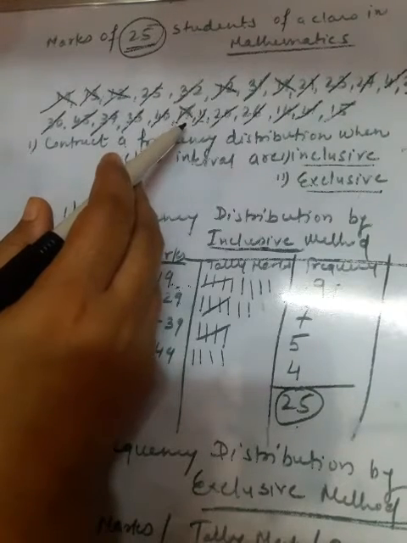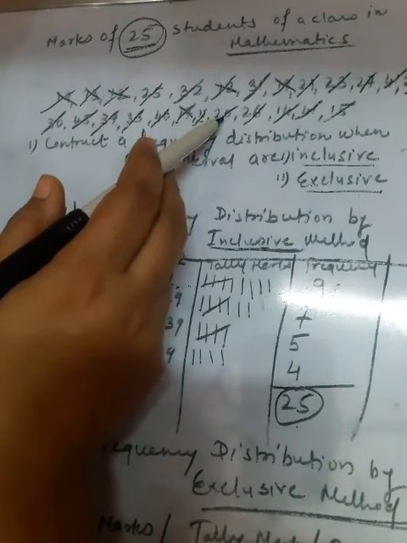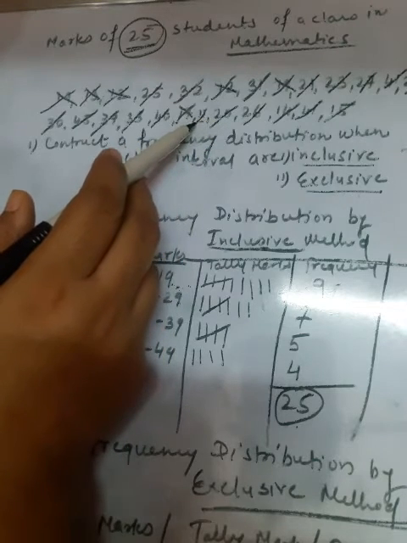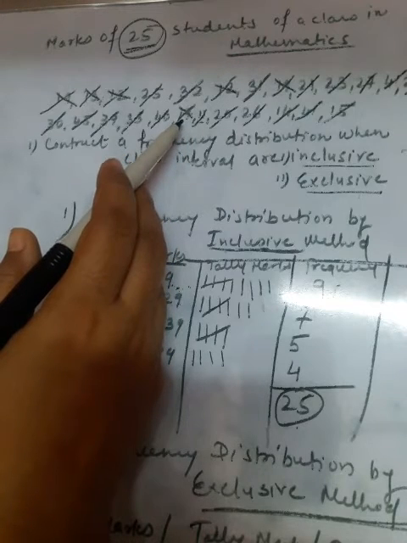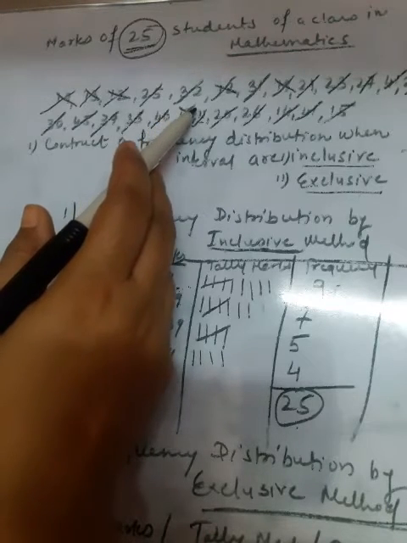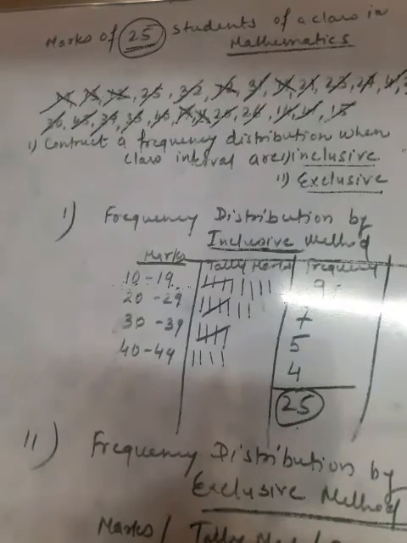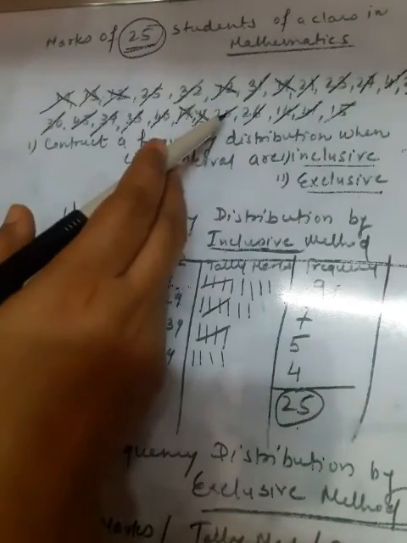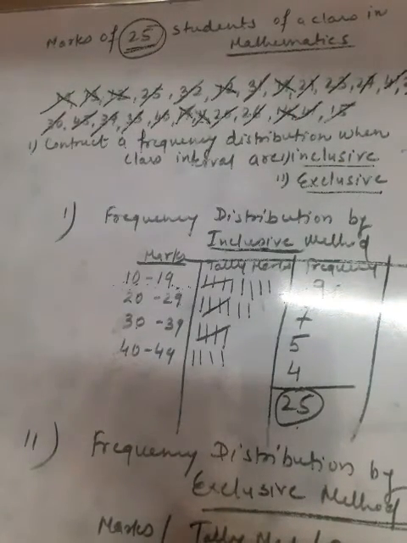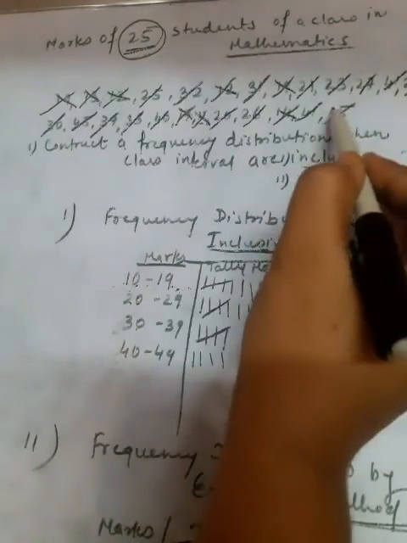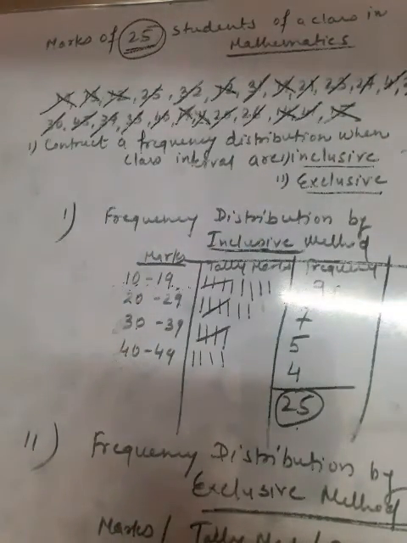Now 20 will not be considered in this class, and that is 11, 17, after 11, that will also count here. And 20 will not count here, then 14, and one more, that is 15. Okay, here 9.